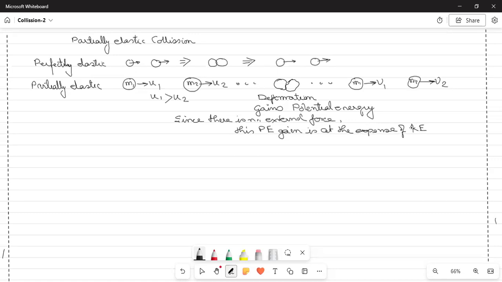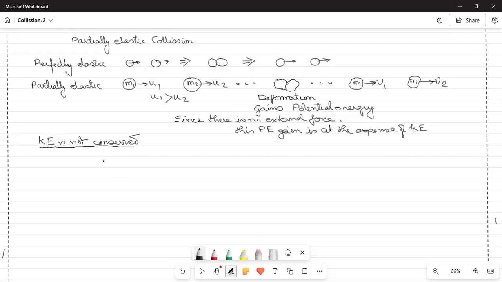That means both of these had some kinetic energy before collision, and both of them will have kinetic energy after collision, but kinetic energy is not conserved. So we write here, kinetic energy is not conserved. This is very important.